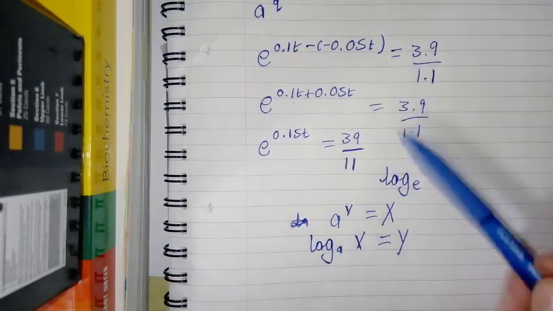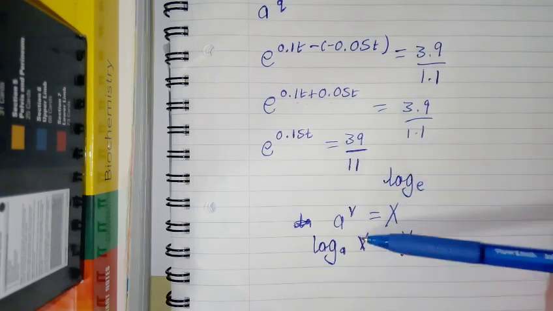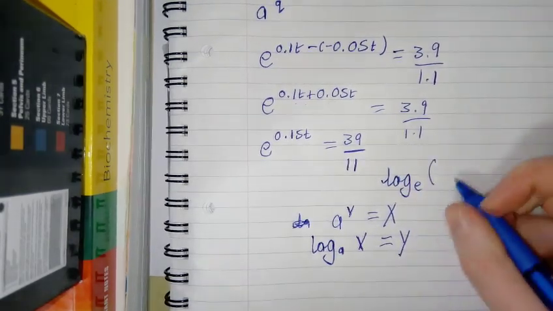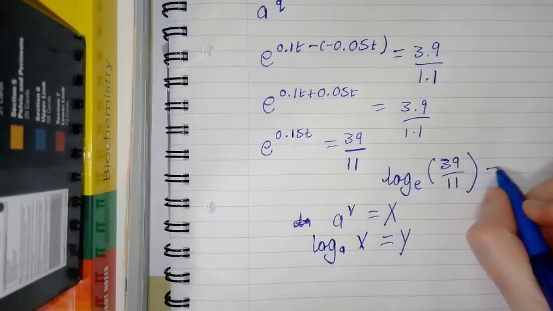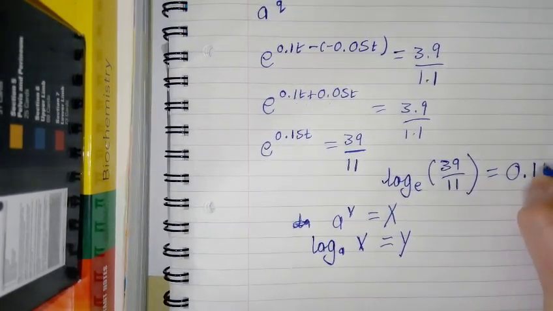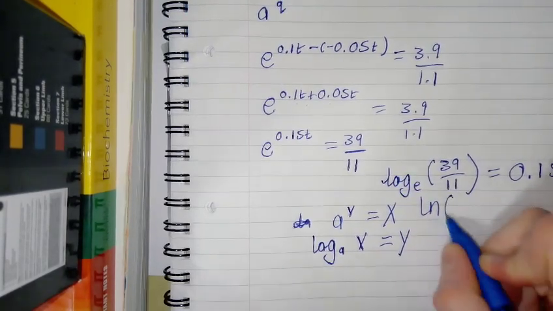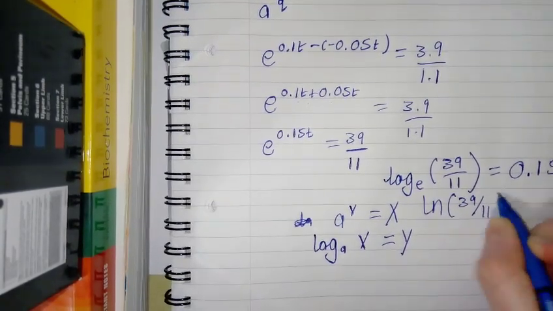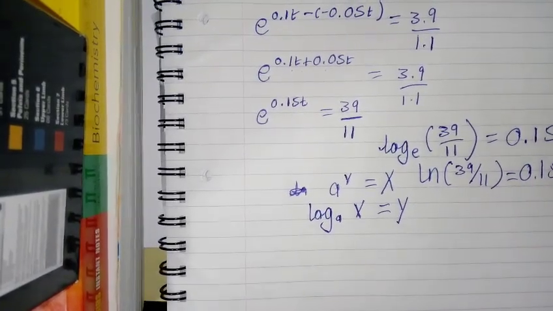So in this case our x is 39 over 11, and y is 0.15t, so that's the same as natural log of 39 over 11 is equal to 0.15t.